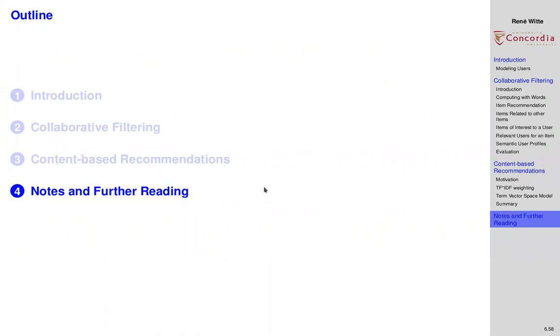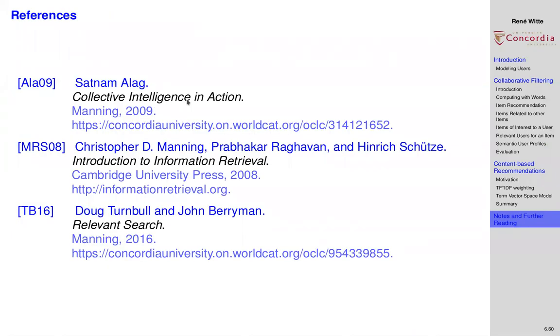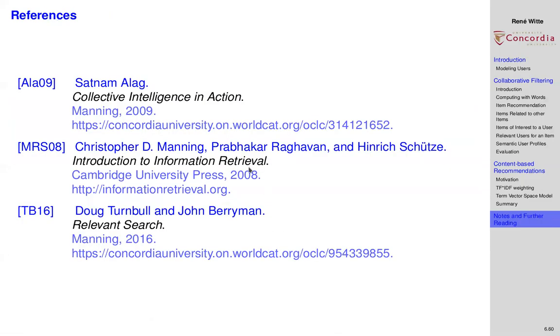Okay, you made it to the end of the lecture. Some notes on what you have to read. For the recommendations for the first part, collaborative filtering, look at this book here, Collective Intelligence in Action, and this you can read again online on Safari Books Online through the library. For evaluation, and also if you want to read up again on the vector space model, tf-idf, and so on, have a look at this book here, Introduction to Information Retrieval.